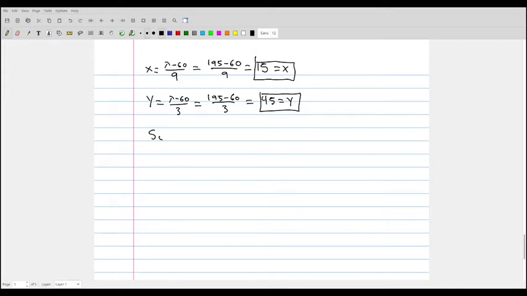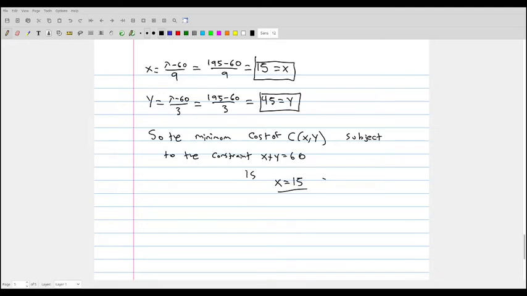So the minimum cost c of xy, subject to the production constraint x plus y equals 60, is x equals 15, y equals 45.